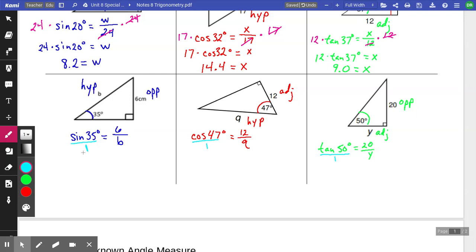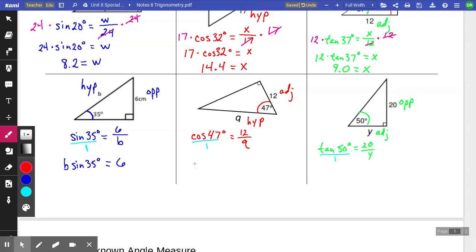We didn't have to write it like this, but maybe that helps us see what's going on. So if we cross multiply in this scenario, we're going to take b times the sine of 35 degrees. So let's show what we get there. We get b times the sine of 35 degrees equals 6 times 1. That's just 6. Okay. Same over here.